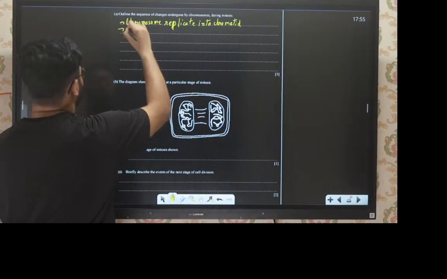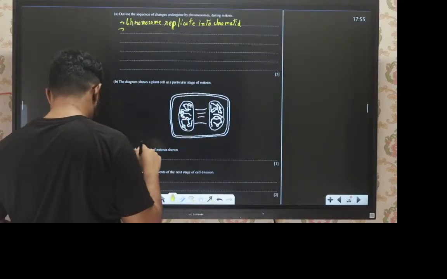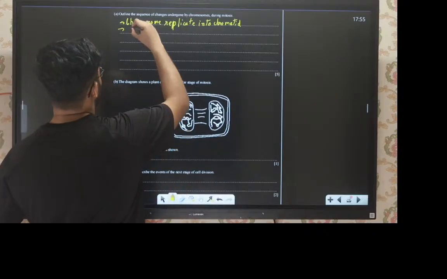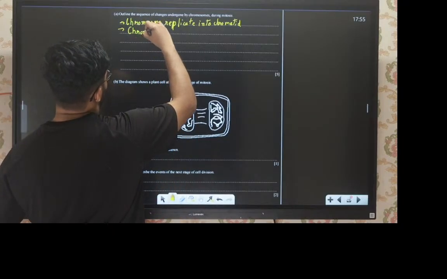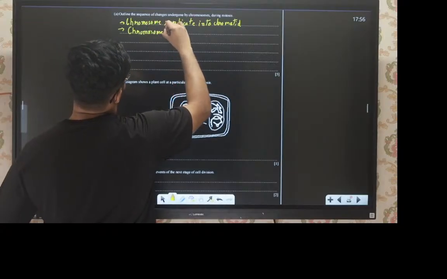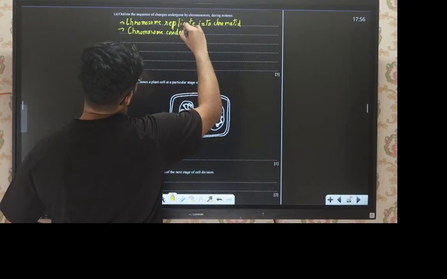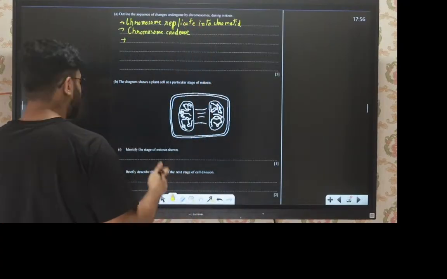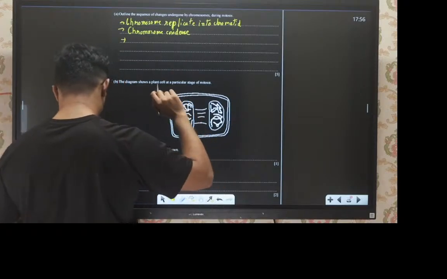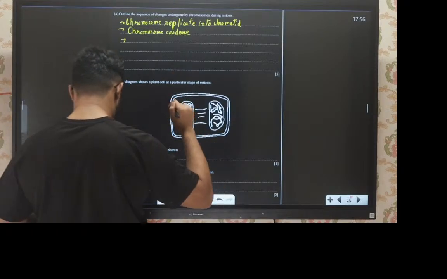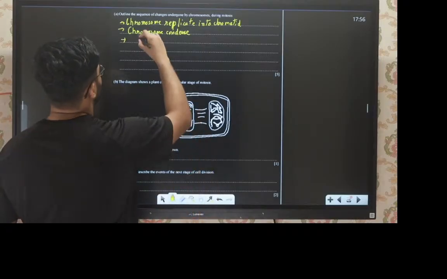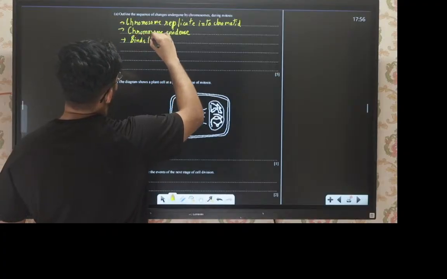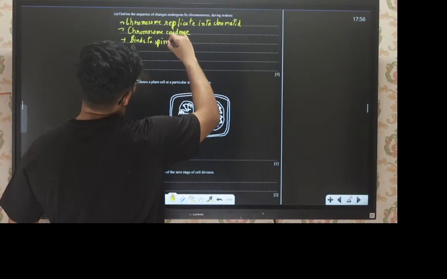And then DNA deposits on chromosomes, and then the chromosomes condense. So essentially the chromosome condenses. And then it gets attached to the spindle fiber, and then what happens? The complete replication happens. Binds to spindle fiber and then comes to the equator.